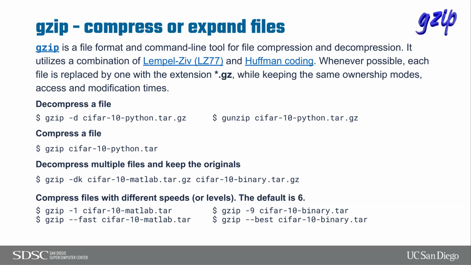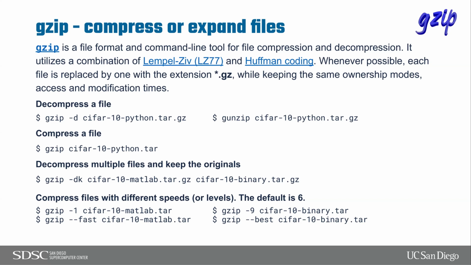Here I'm listing some of the basic commands and flags you'll encounter when using gzip for the first time. This cifar10 python tar.gz file is a compressed archive file, which I'll talk about in the next slide. But essentially, any file you see with a .gz is a gzip compressed file, right?